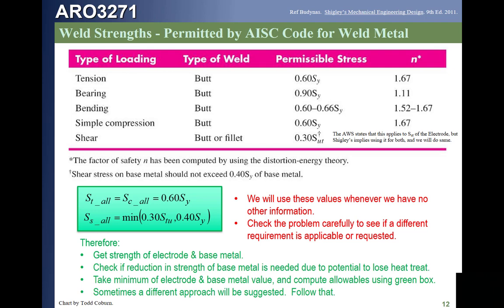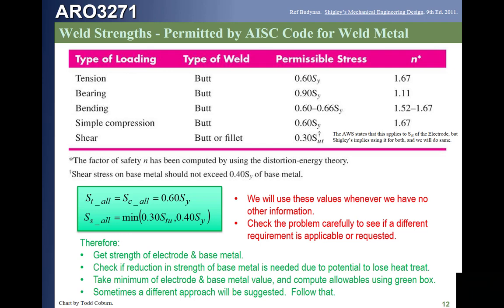So here's our basic approach. We're going to get the strength of the electrode and the base metal. We're going to check if there's a reduction in strength of the base metal due to potential loss of heat treat. What that means is, if the problem statement says that there is a loss to the base metal strength, say of 85%, a 15% knockdown in strength, or a 20% knockdown, or a 10% knockdown in strength.